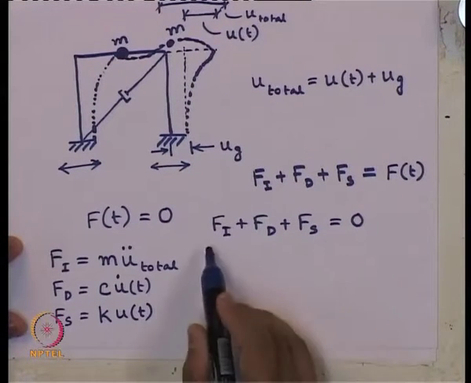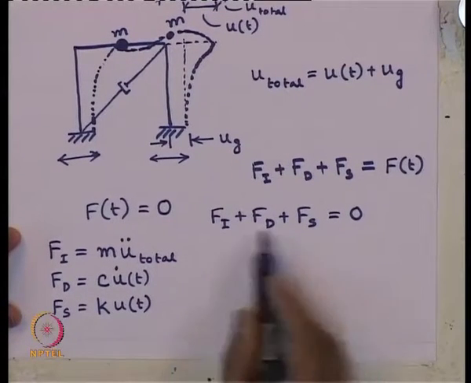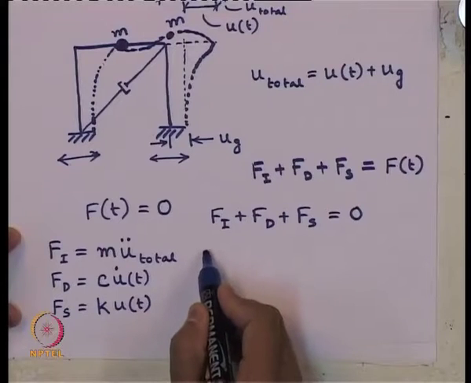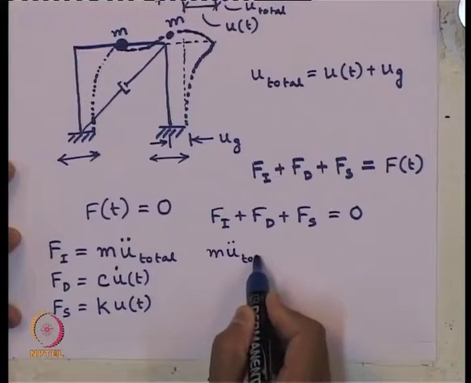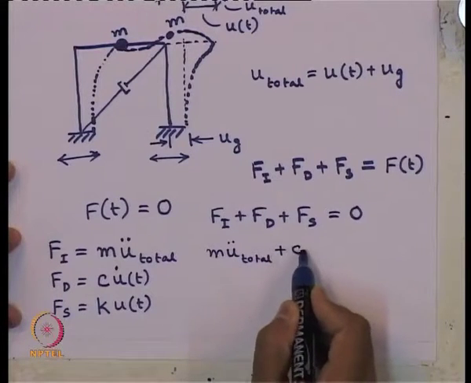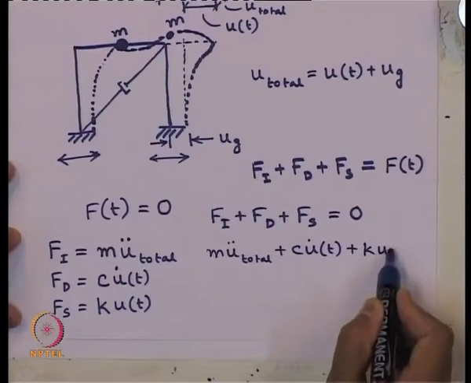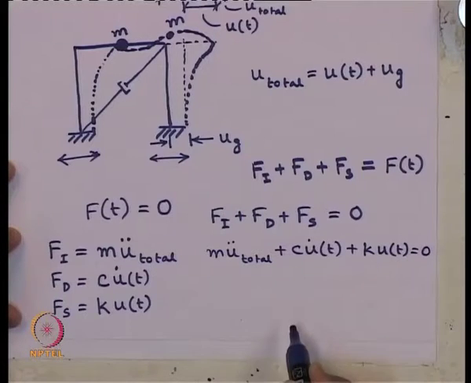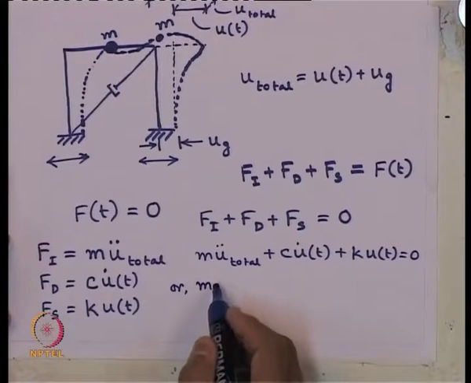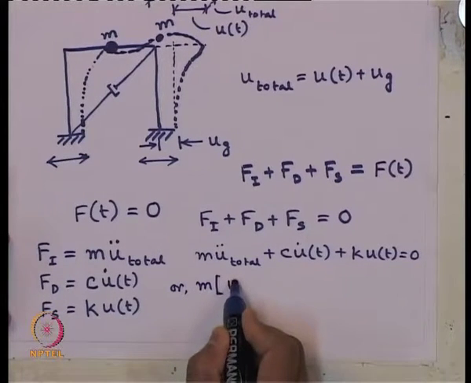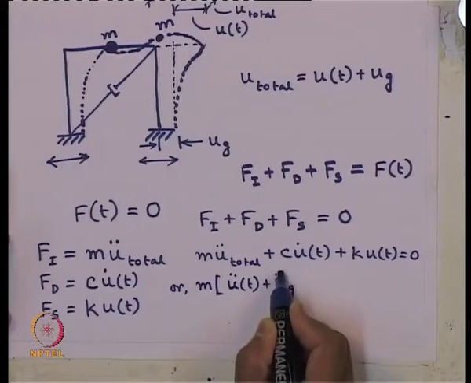So, if we put these expressions in D'Alembert's principle, it comes out to be m u double dot total plus c u dot t plus k u of t equals 0, or m times u double dot t plus u g double dot.